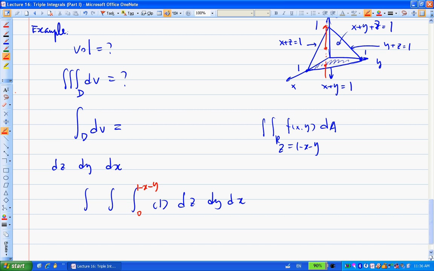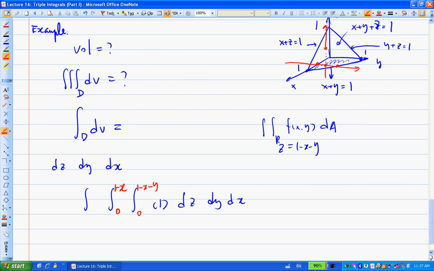Then you draw an arrow line in the positive y-axis across this shadow. The first contact gives you y min, the second contact gives you y max. So apparently y min is 0, and y max is 1 minus x.